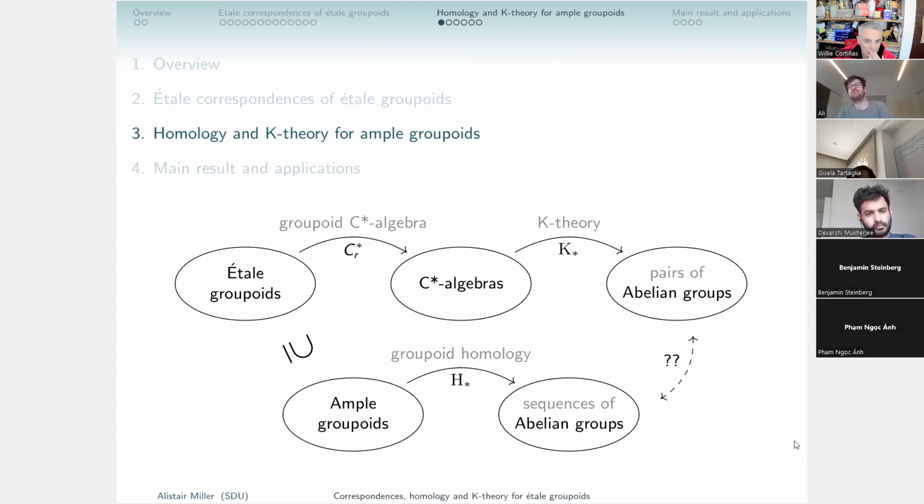All right. So now I'm going to talk a bit about the homology and the K theory and how they're linked. Just to remind you of this picture that I started off with. We have this diagram where we want to study groupoid homology of ample groupoids and K theory of groupoid C-star algebras. I now have some morphisms that I want to make work with this diagram.